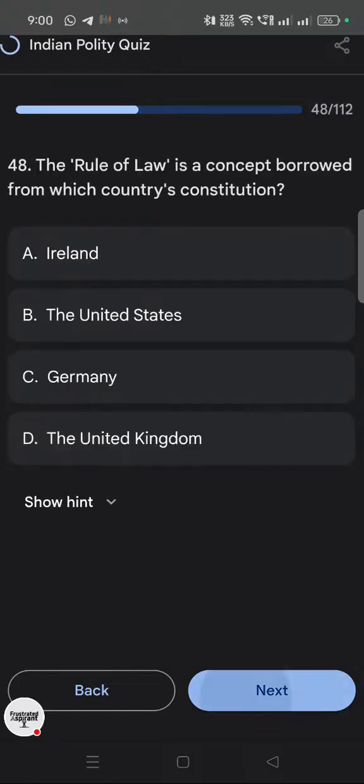The rule of law is the supremacy and predominance of legal spirit. It is a concept borrowed from which country? Equality before law, equal protection of law.